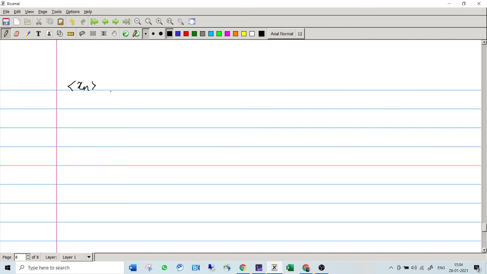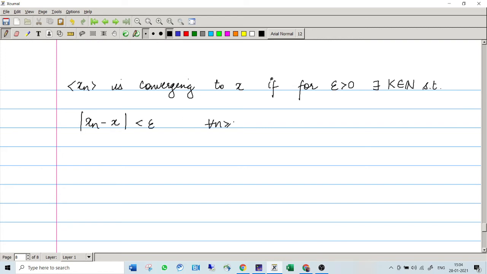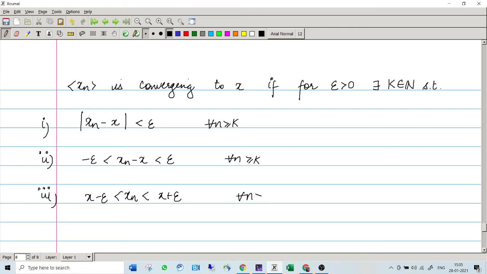So we can say that the sequence xn is converging to x if for every epsilon greater than 0 there exists some natural number k such that xn minus x is less than epsilon for every n greater than or equal to k, or you can even write it as xn minus x is between epsilon and minus epsilon for every n greater than or equal to k, because we have just seen we can write this inequality as this as well, or we can even write xn lies between x plus epsilon and x minus epsilon for every n greater than or equal to k.